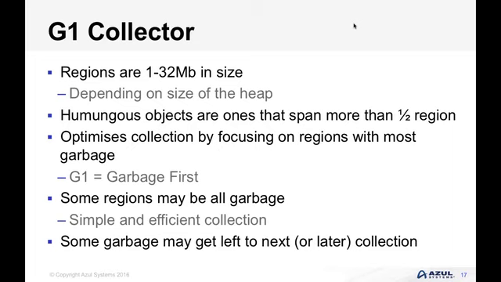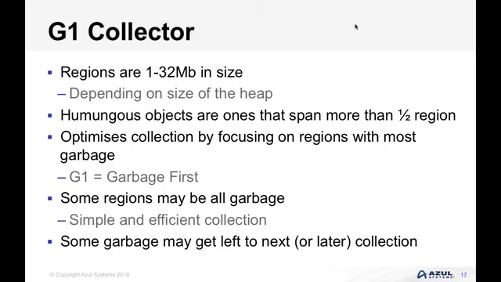By breaking things up into regions, the way that the collection works is that compaction can happen in an optimized way. And what I mean by that is that when the heap is being collected, the old generation is being collected through the concurrent mark sweep idea, the regions can then be sorted based on how much garbage they have in them.